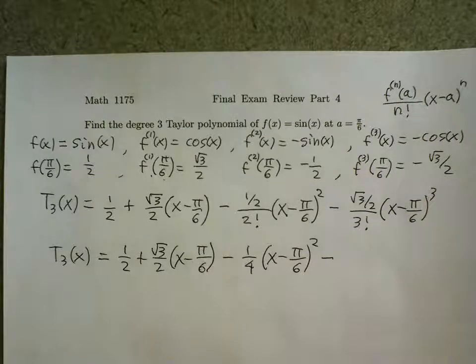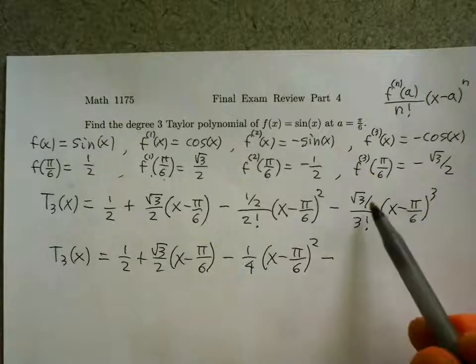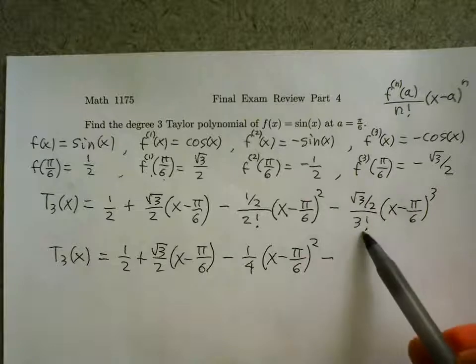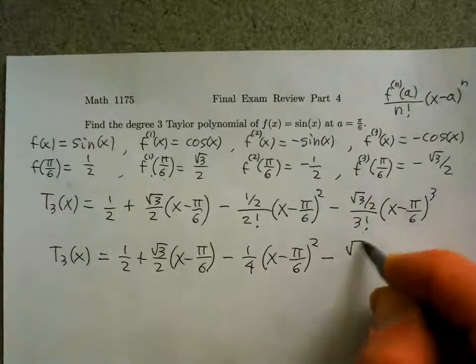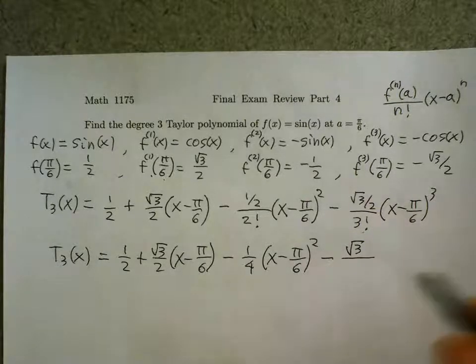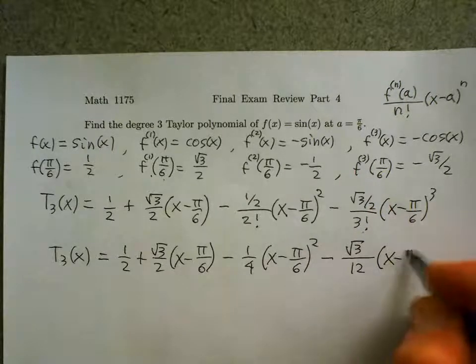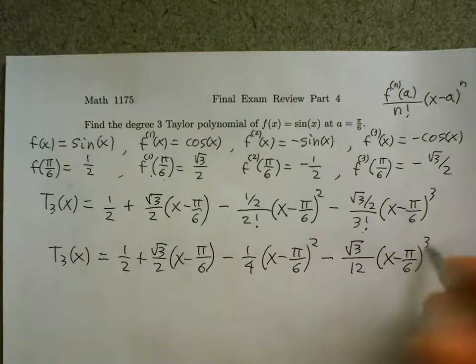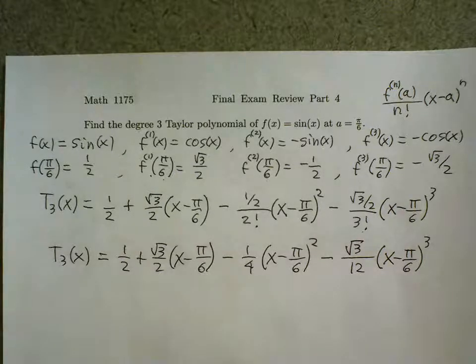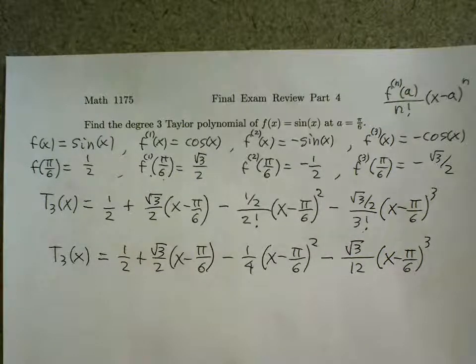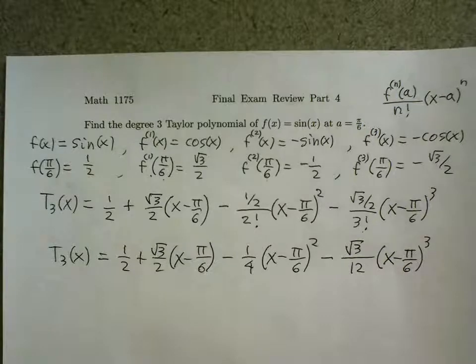And then the next one, the square root of 3 over 2 divided by 3 factorial, we can write this as the square root of 3 over 12, and then times x minus pi over 6 to the third. Yeah, that's all there is to that.